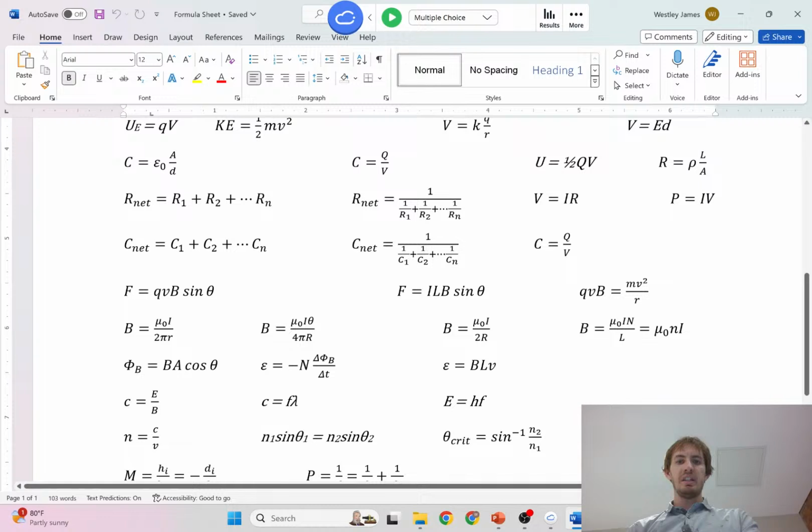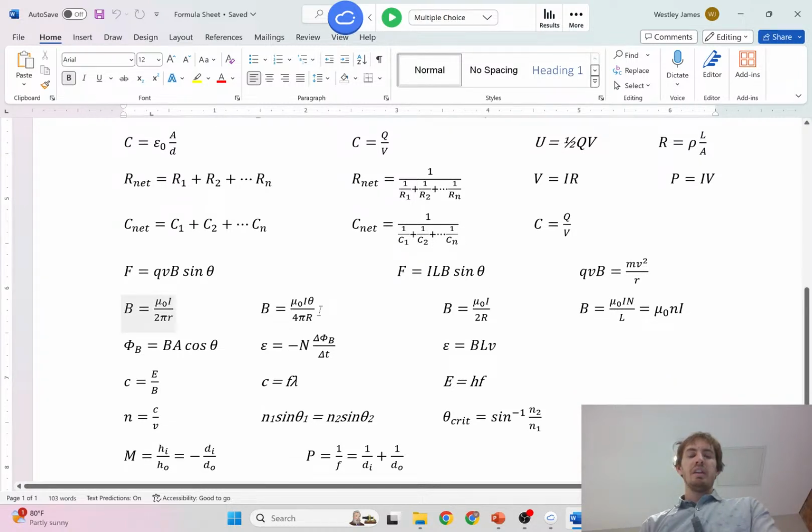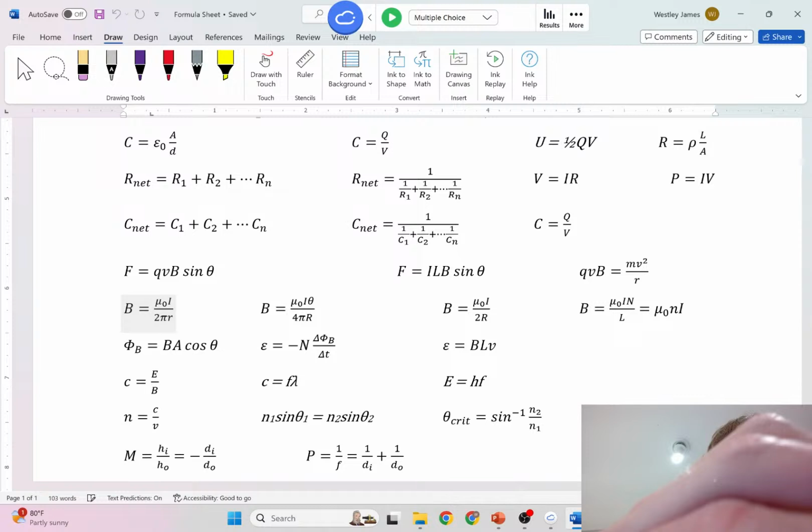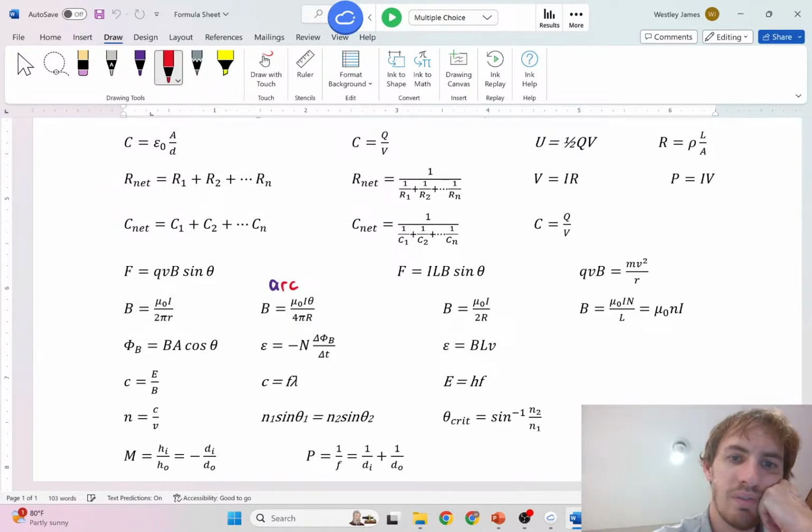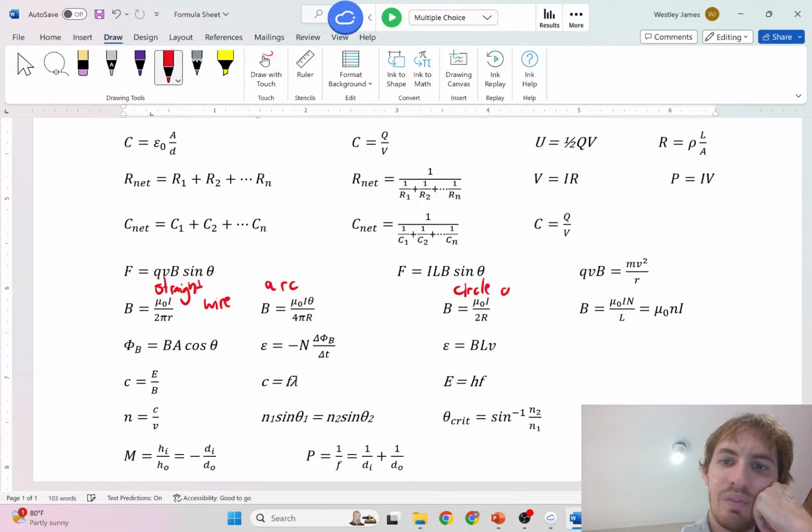Okay, here's the one for an arc of wire. So this is an arc. This is a straight wire. And this is a circle of wire.